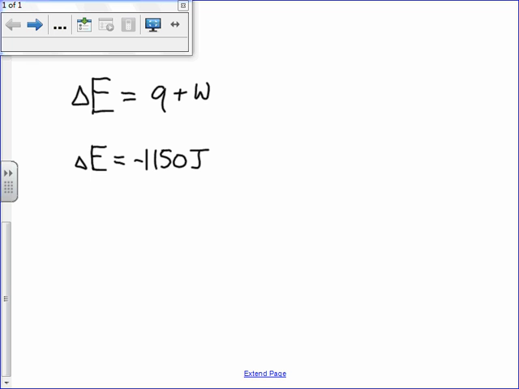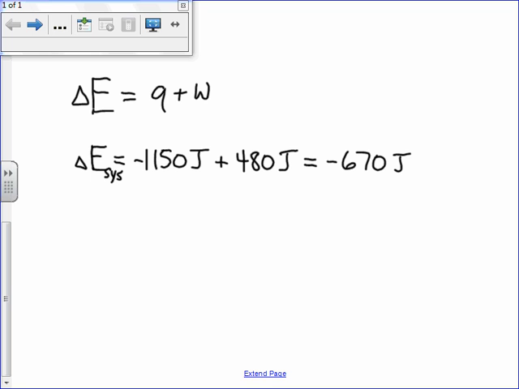So negative 1,150 plus 480 is going to give us our overall change in energy of the system. Now it's important to note, this is the energy change of the system. So negative 1,150 plus 480, I'm going to cheat and look on the next page, negative 670 joules. I really probably could have done that in my head, but so there is your delta E.